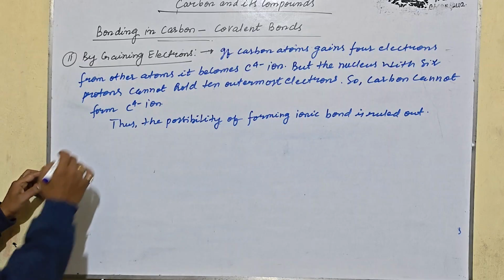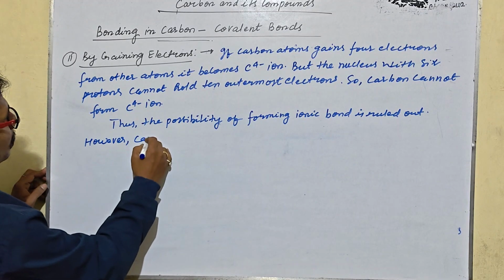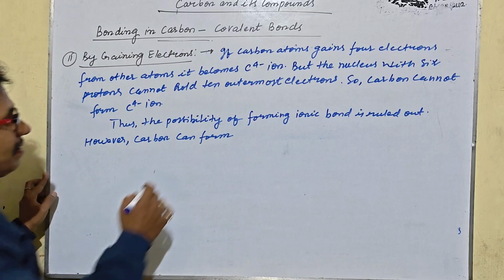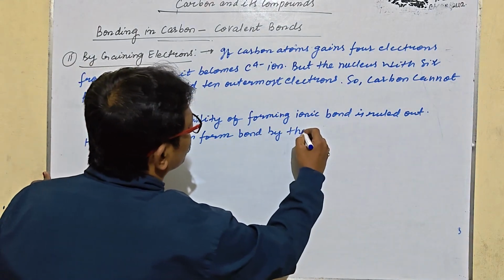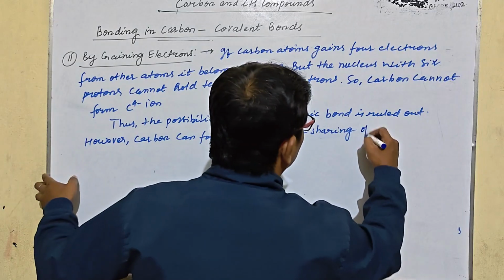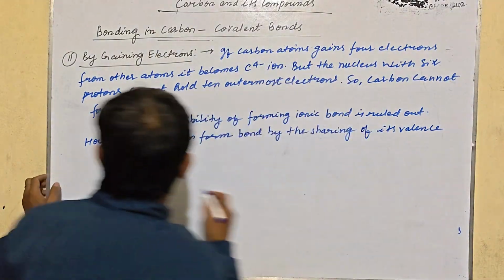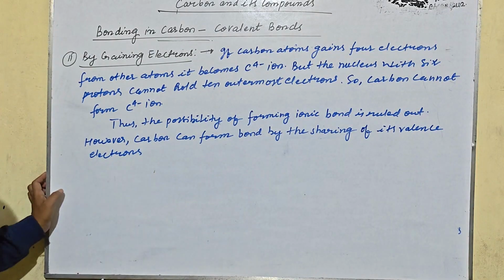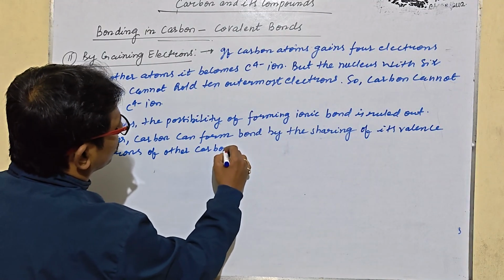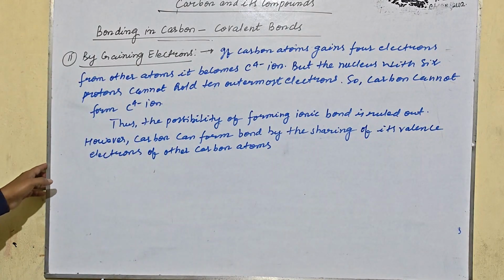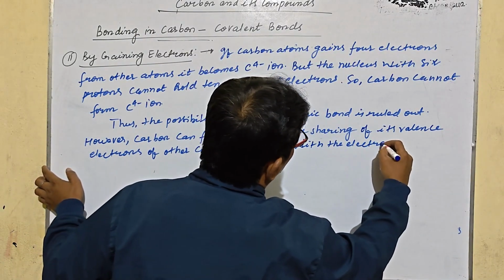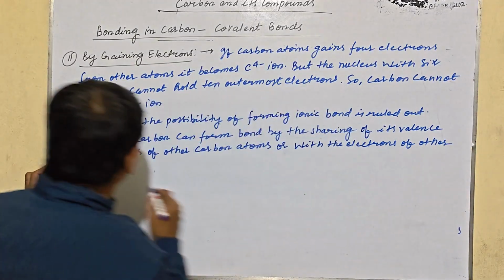However, carbon can form a bond by the sharing of its valence electrons with other carbon atoms or with the electrons of other elements.